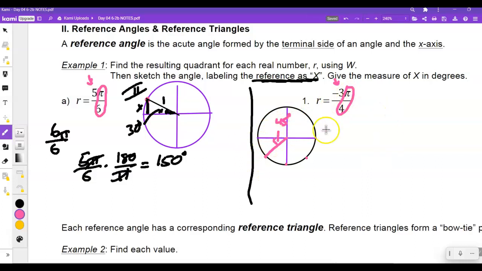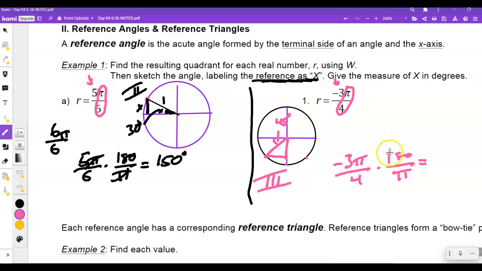Just 3 of them in the opposite direction. That's all we're keeping in mind there. Of course, we end up in quadrant 3. And if I needed to, I could show my arithmetic on the conversion.